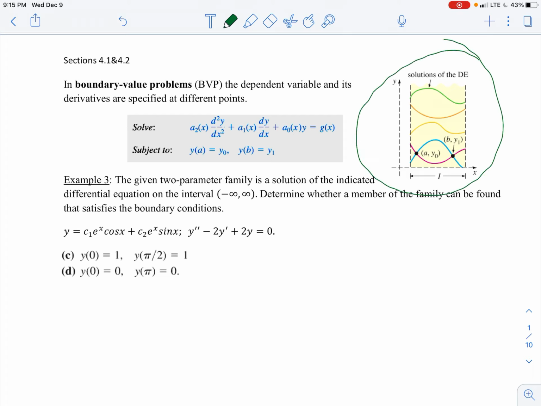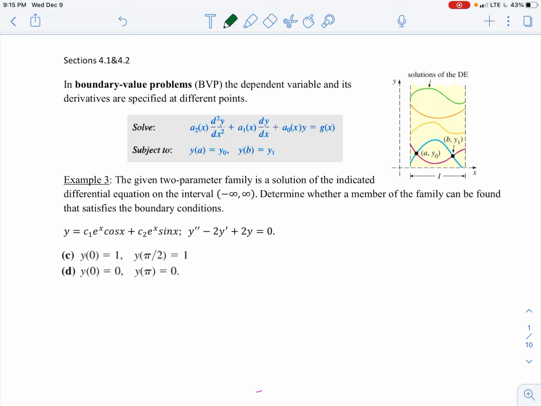Over here on the side, you see the family of solutions for the differential equation. We want to find all solutions that go through both points. In this specific example, there are actually two solutions that go through both initial values.